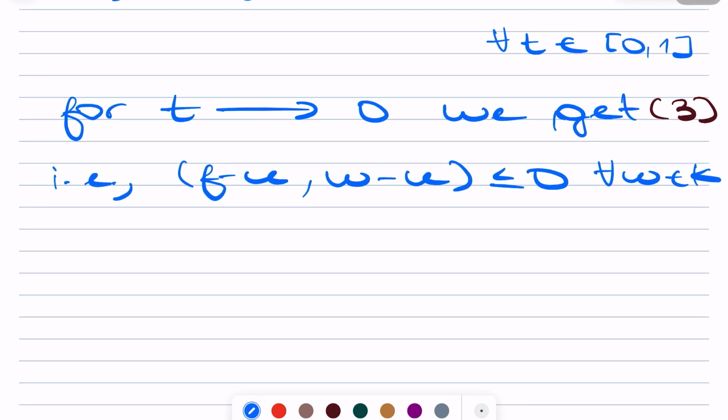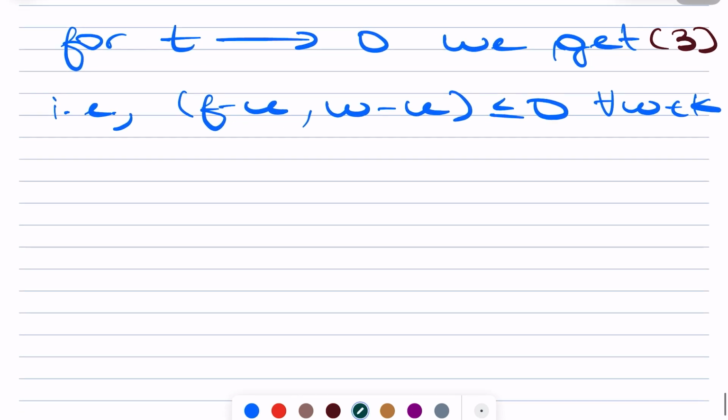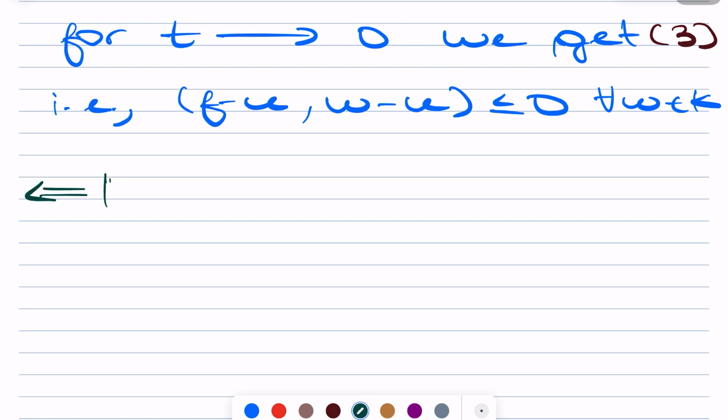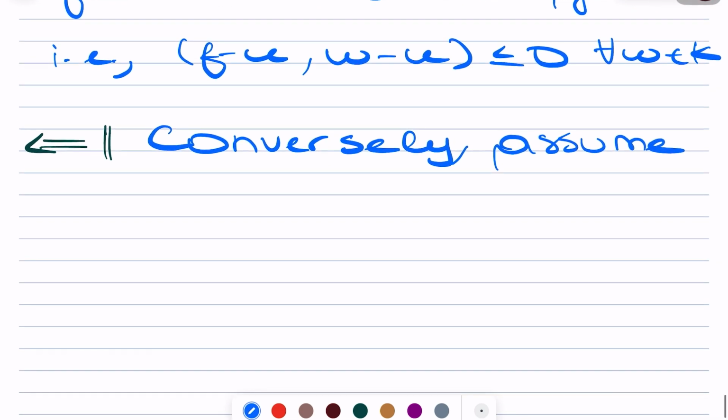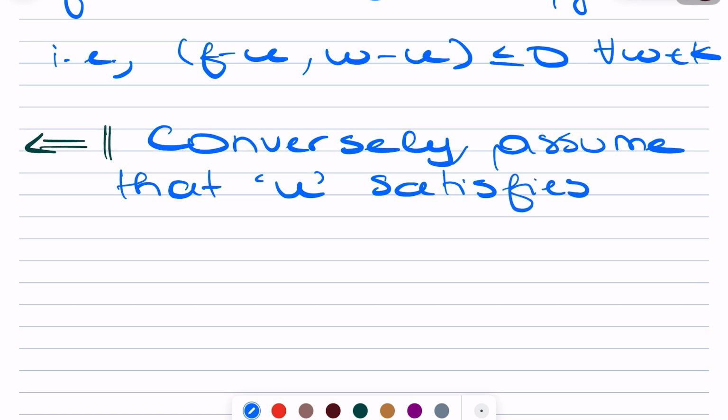So let's take the reverse implication. So conversely, assume that 3 holds, right? Assume that u satisfies 3. Just highlight 3, so just for you to remember that 3 was actually a property.